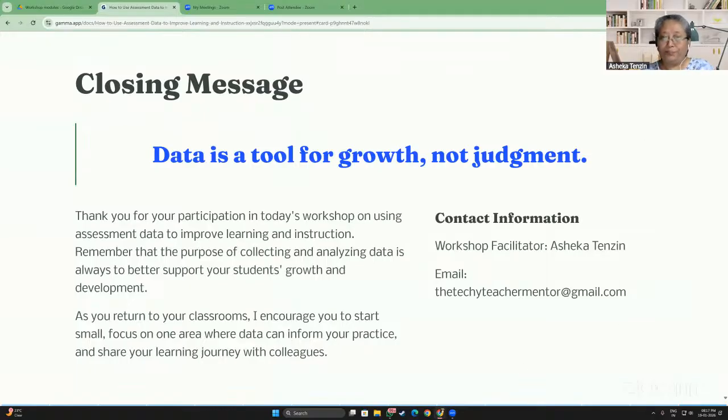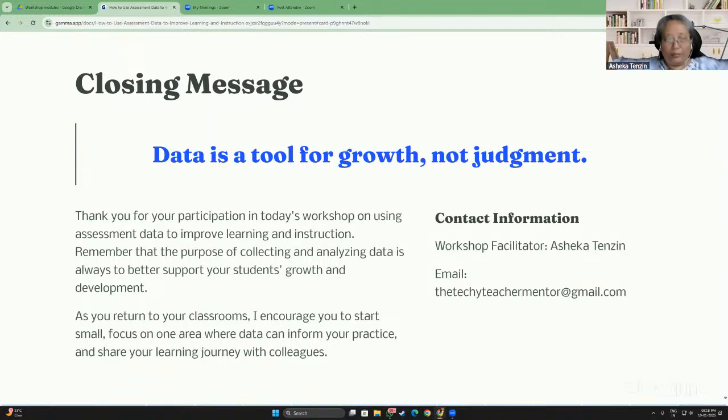So data is a tool for growth, not judgment. That's the final thing I would like to say, my closing message. Thank you all for participating in today's session, and I hope this was useful. Please remember that the purpose of collecting and analyzing data is always to better support your students' growth and development. I encourage you to start small.